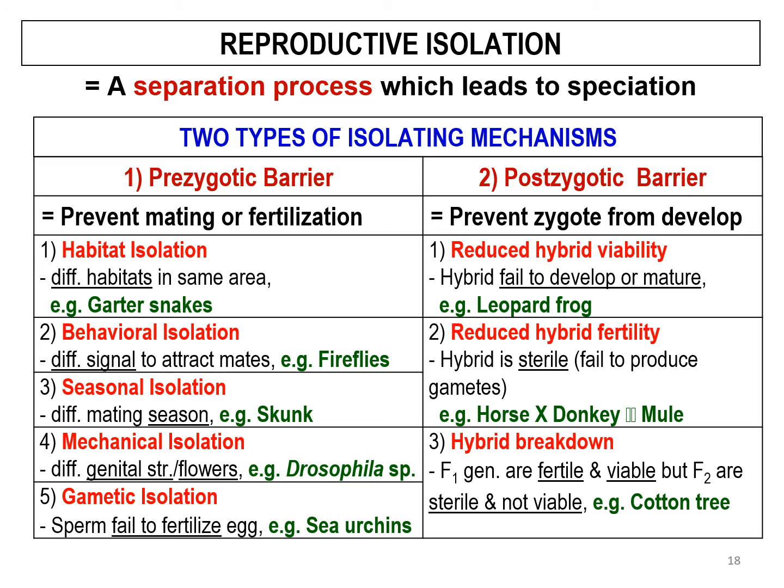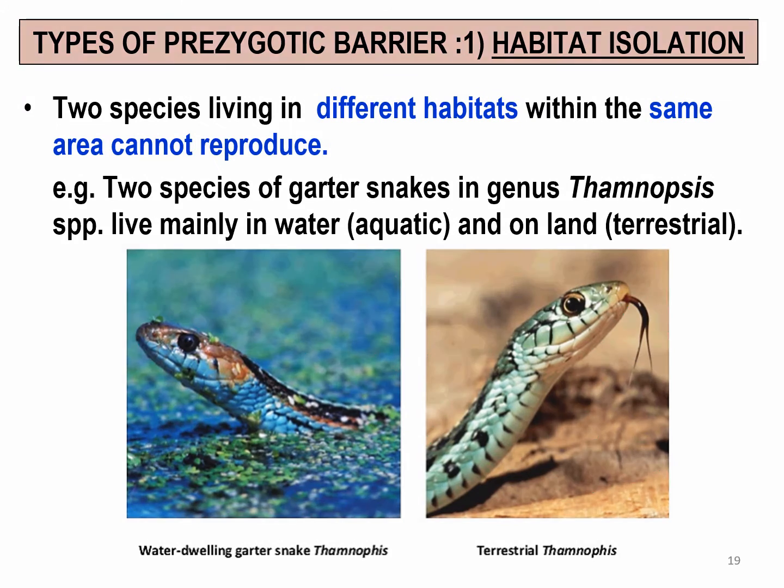Okay, ni you can read the separation process that leads to speciation. Contoh F1 yang saya cerita hybrid breakdown tadi, F1 generation are fertile and viable, but F2 are sterile and not viable. Alright. Habitat isolation, this is the explanation.